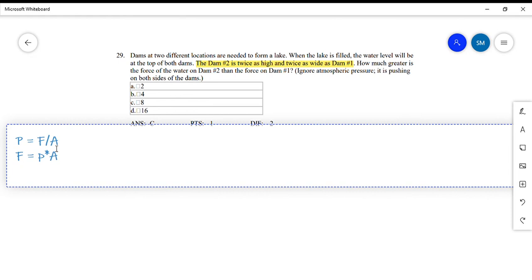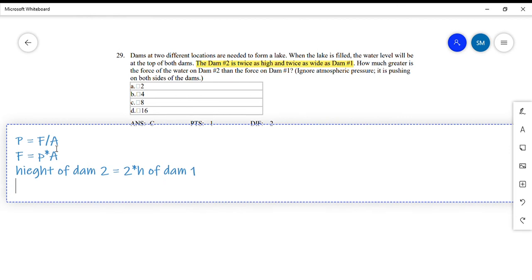H2 is equal to 2H1. Let me write it like this. Height of dam 2 is equal to 2 times the height of dam 1.